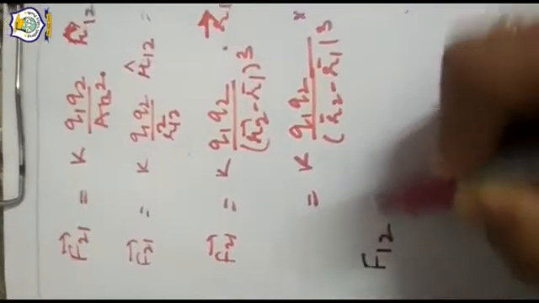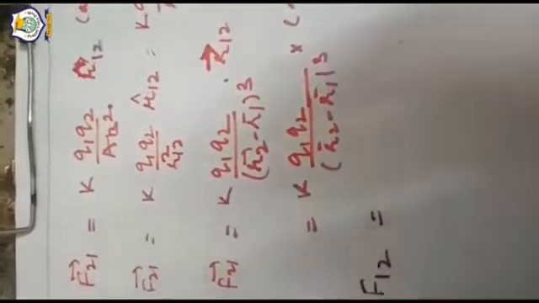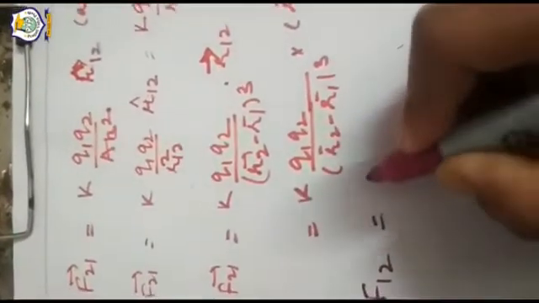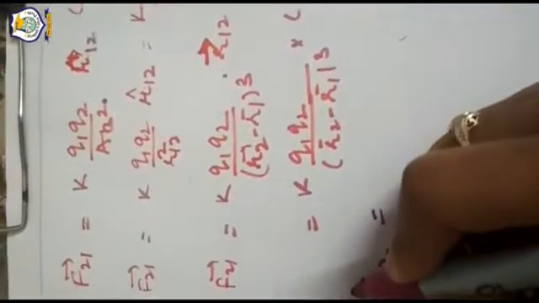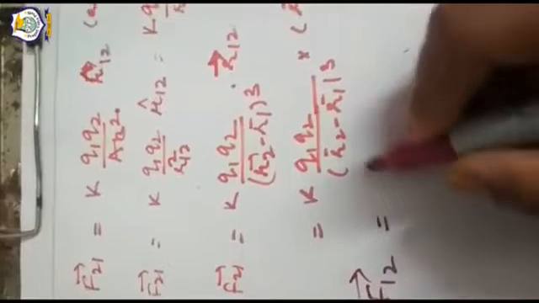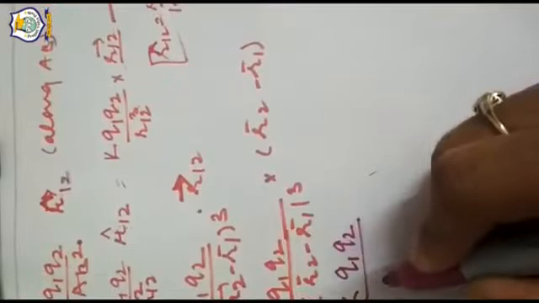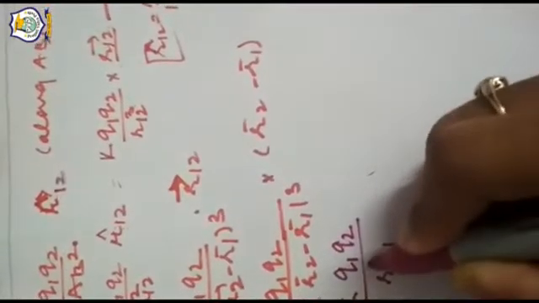Now we can see that on the basis of this equation 1, we can easily write F12 just by replacing 1 by 2 everywhere. Interchange 1 and 2, and we get the formula for F12.